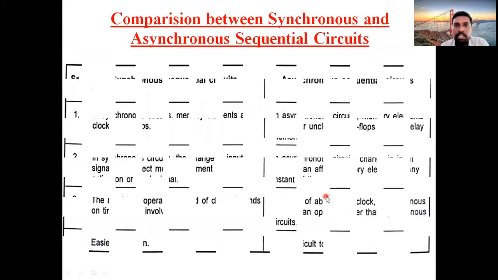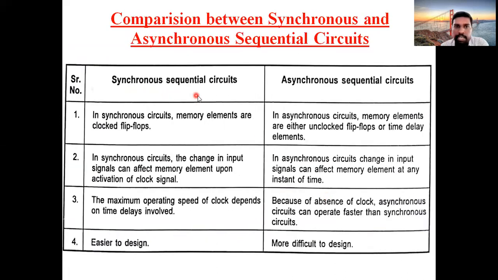Now we will see the difference between asynchronous and synchronous circuits in detail. In synchronous circuits, memory elements are clocked flip-flops. Clocked means, in combinational circuits like a decoder or encoder, we found an input called enable, and that enable makes the circuit turn on and off.